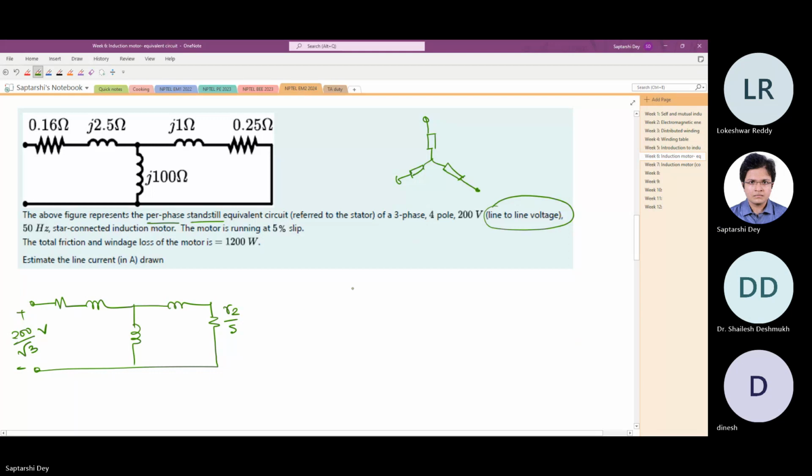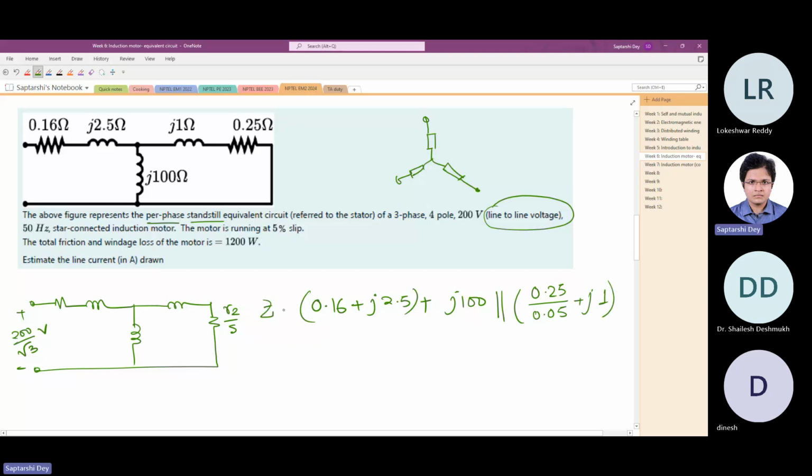So now all we have to do is just solve this circuit. What we have is 0.16 plus j2.5, which is in series with this parallel combination: j100, the magnetization branch, in parallel with the rotor circuit, 0.25 by 5%, that is 0.05 plus j1.